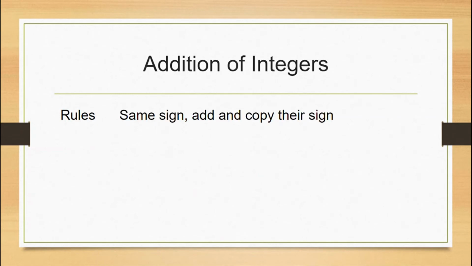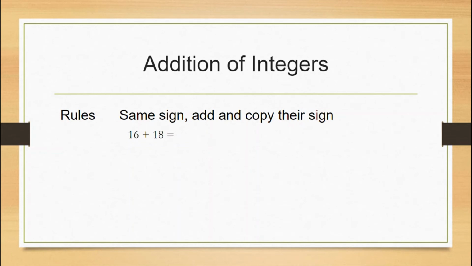if we have the same sign, we're going to add and copy their sign. Again, if we're adding same sign, we're going to add and copy their sign. So for example, we have 16 plus 18. 16 and 18 here are both positive.